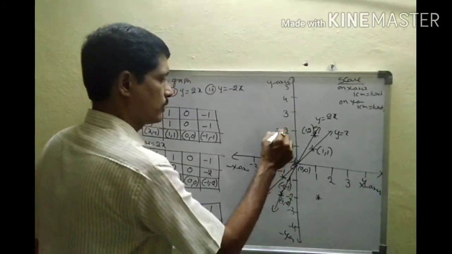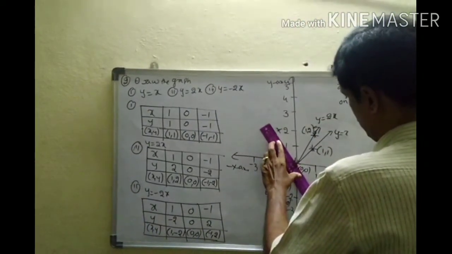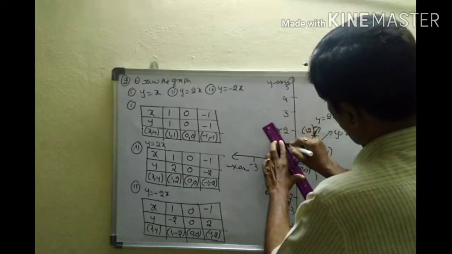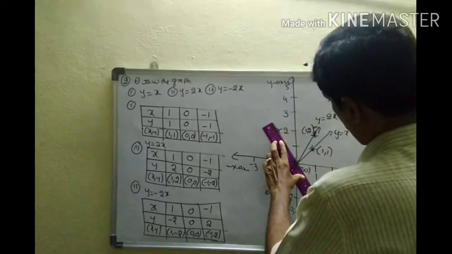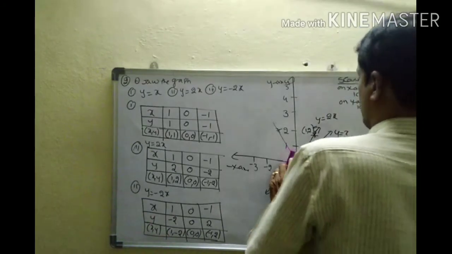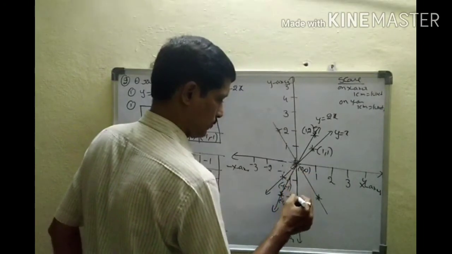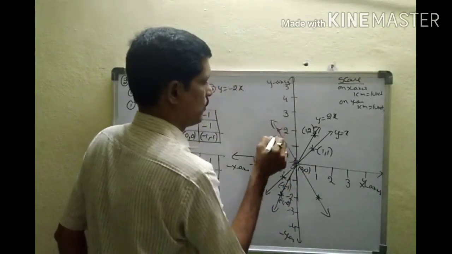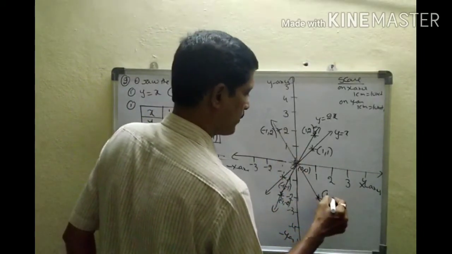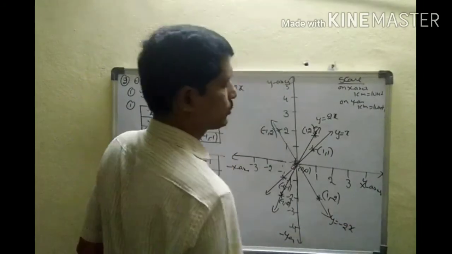Okay, join these 3 points. Here minus 1 comma 2. Here 0 comma 0, 1 comma minus 2. The graph is y equal to minus 2x.